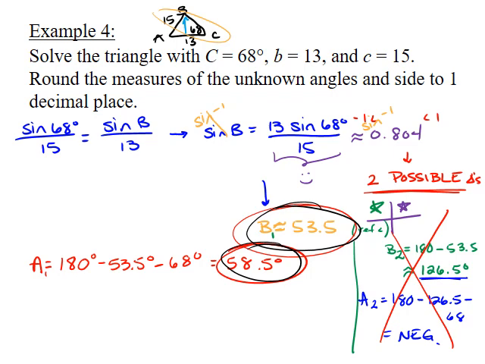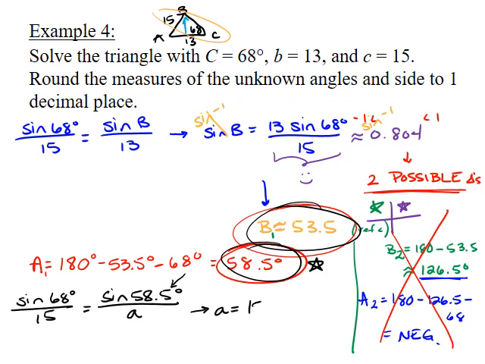The last thing I need to find is side A, so I must use this angle that I just found. So to find side A, I'll have sine of 68 degrees over 15 is equal to sine of 58.5 degrees divided by A. Now, it would be in your best interest to not round this if possible so that your answer is as accurate as possible.